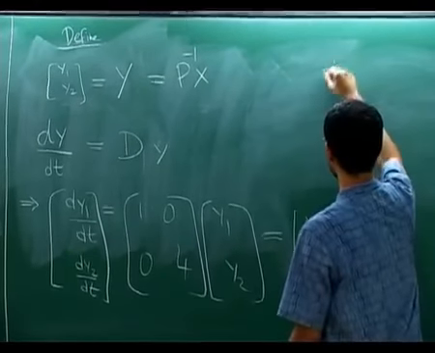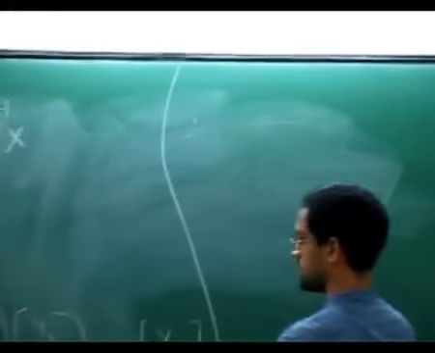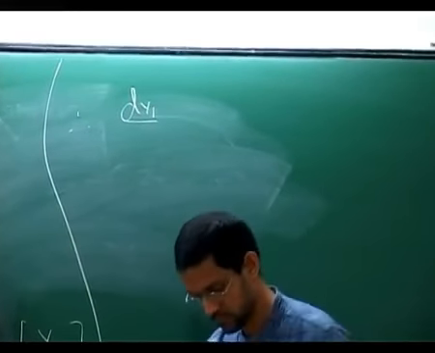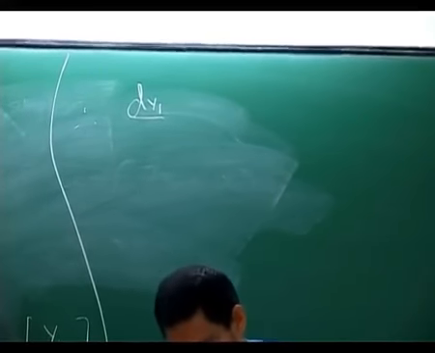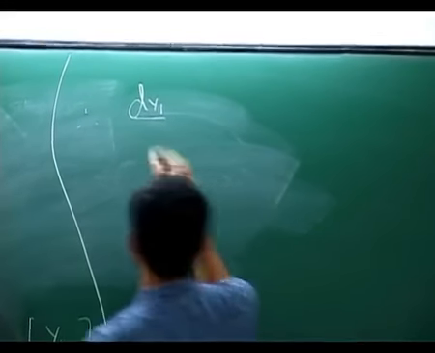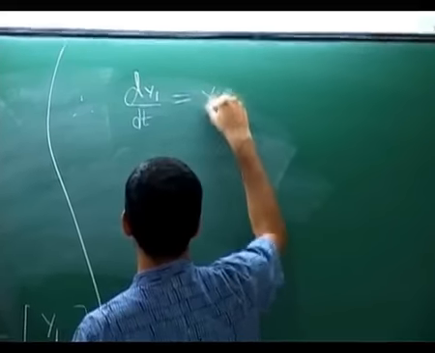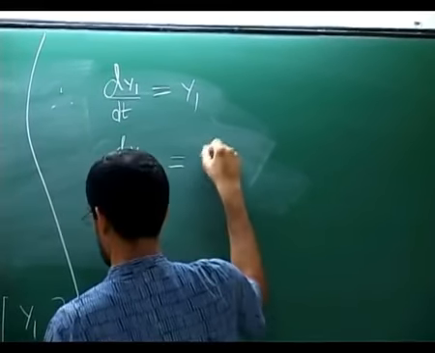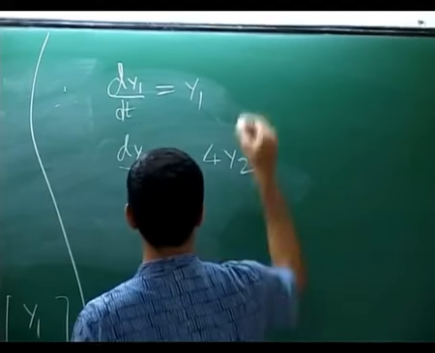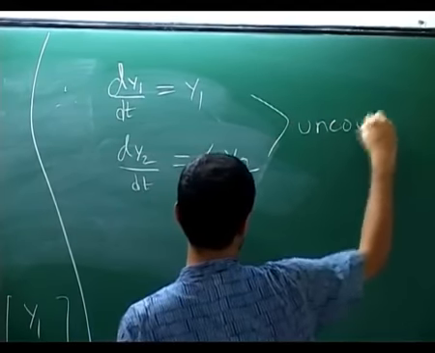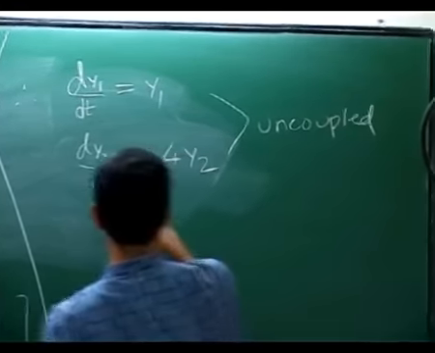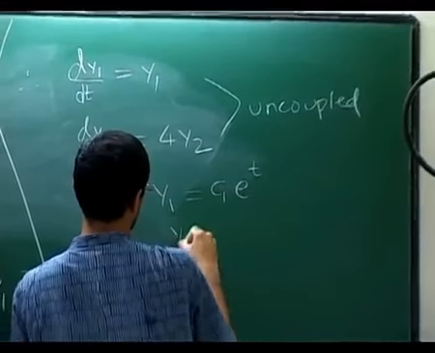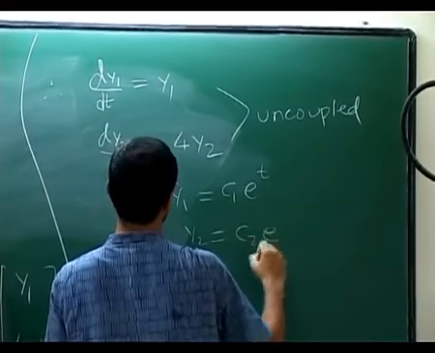So the final set of equations looks like dy1 dt is y1, dy2 dt is 4y2. Those are the uncoupled equations which we can solve. We know how to solve these: y1 is some constant times e to the t, y2 is some constant times e to the 4t.